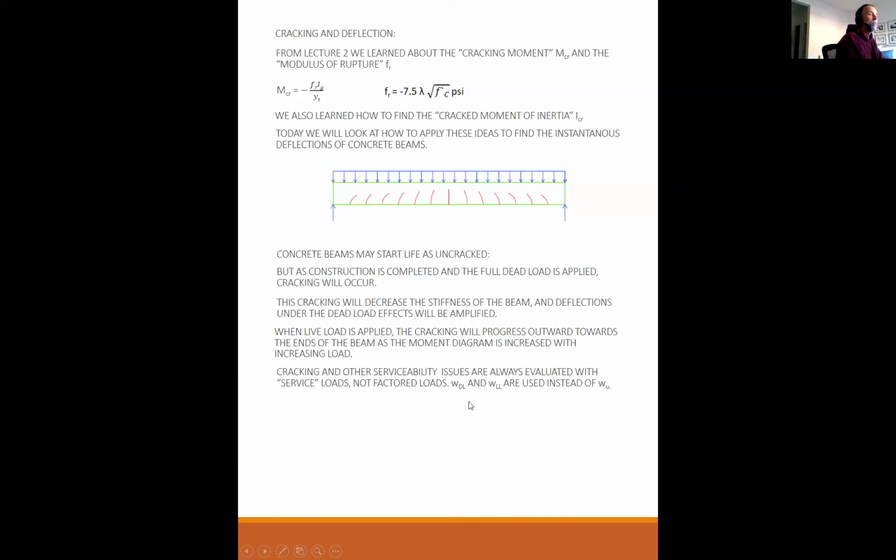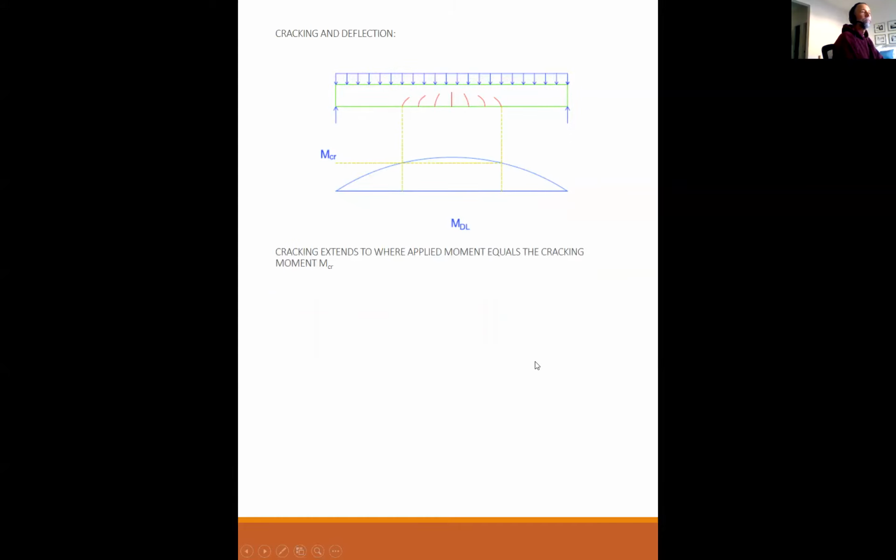And so we're going to use WDL and WLL instead of WU for the factored. And this is only for cracking and deflection.